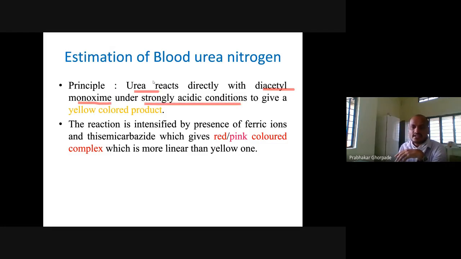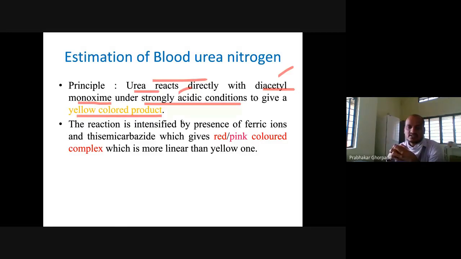So that indicates that blood urea nitrogen is present. Again, in this test we are interested in the yellow color product formation. The more intense the color, the more the reaction.